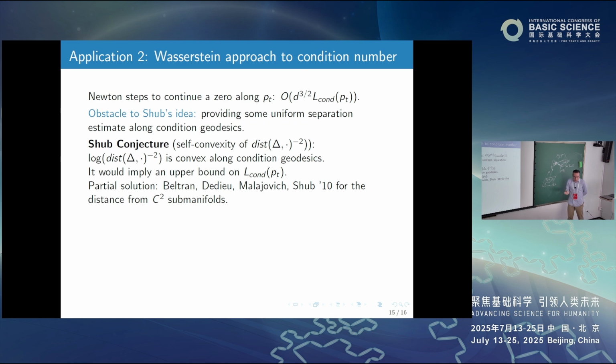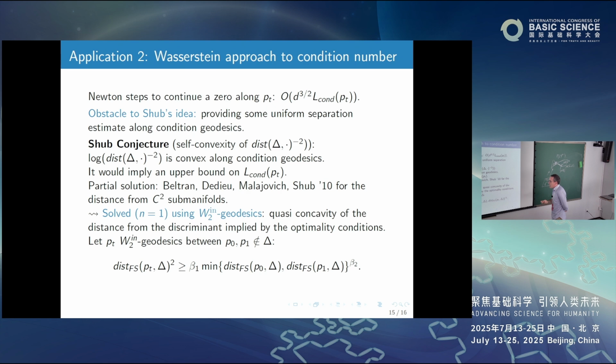This was actually not really solved, because in the end the approach to the Smale problem followed another path, but our approach is actually going exactly in this direction, and we managed to prove this log convexity at least in dimension 1, okay?